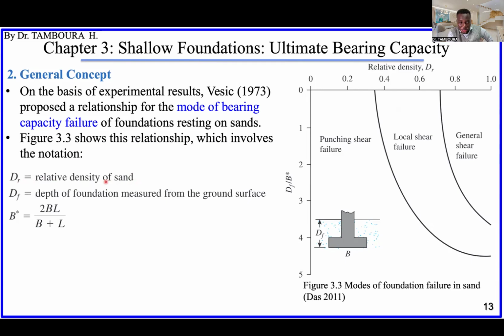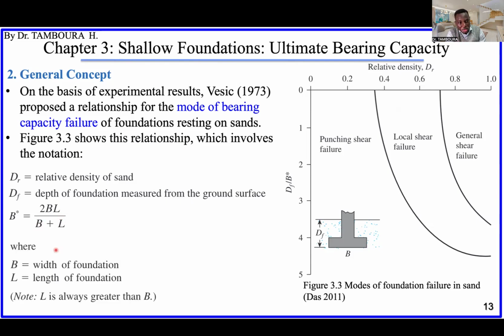Okay, so this figure involves this kind of thing. Relative density, as I said, depth of foundation measured from the ground surface, and B star, you can see here, B star is this formula actually. 2 multiplied by B is the width of the footing, L is the length, the larger of the footing, okay? So this is explained here, width of the foundation, length of the foundation, okay?